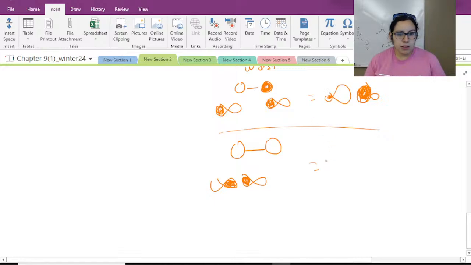Pictorially, we can draw something like this, and then we make them small. Oops, a little bit larger. I would call this a non-bonding orbital with our sp mixing, so it's essentially non-bonding.